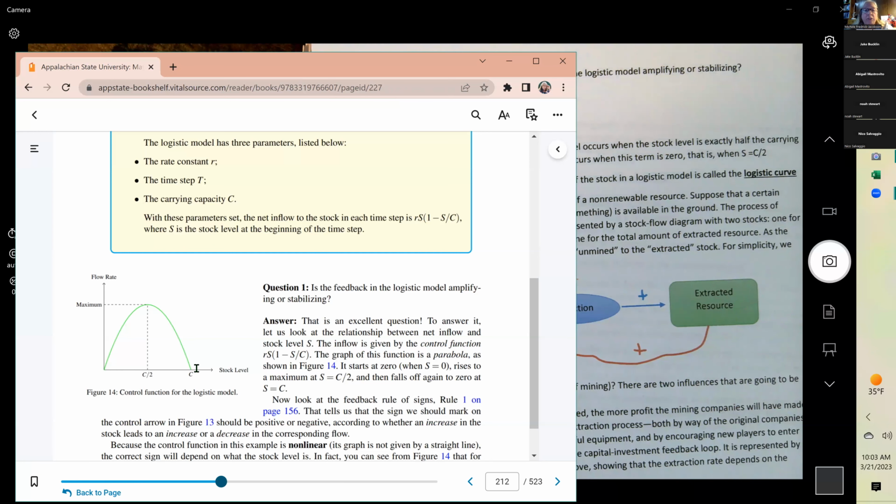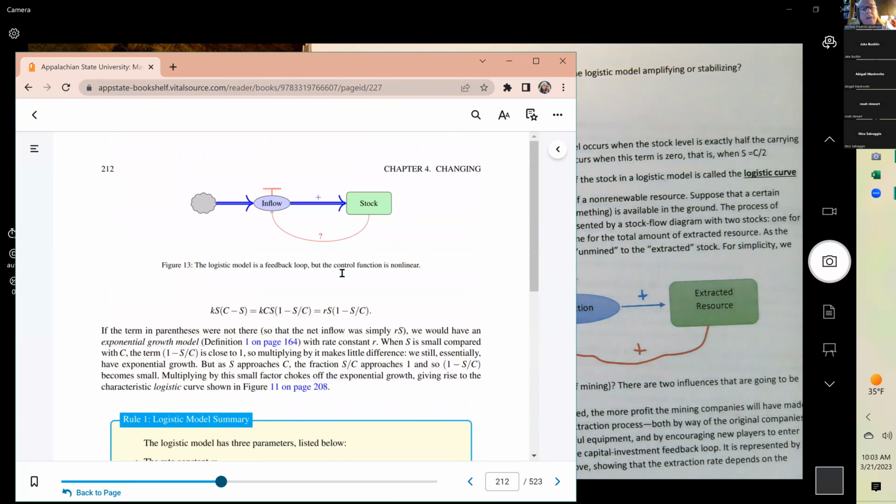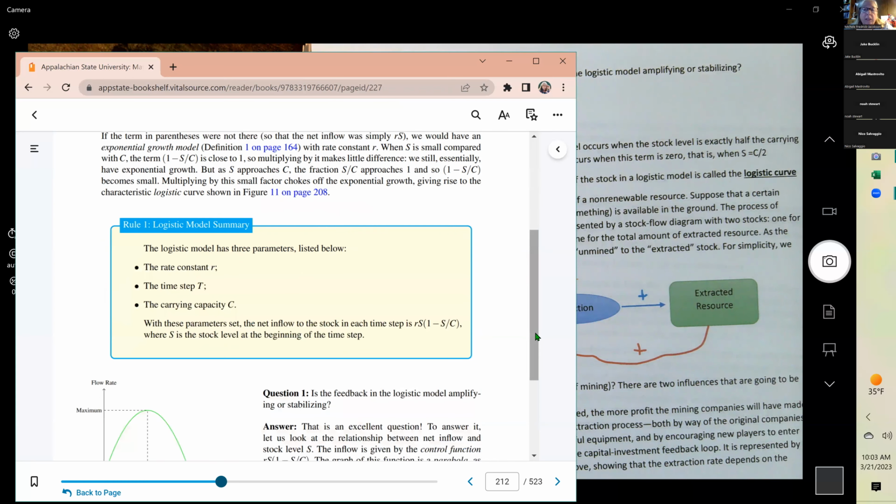And so then that changes your value, or plus or minus here. So when the stock is increasing for the first half, this would be increasing the inflow. But then once this has reached its high point, it starts decreasing. It would be a negative.